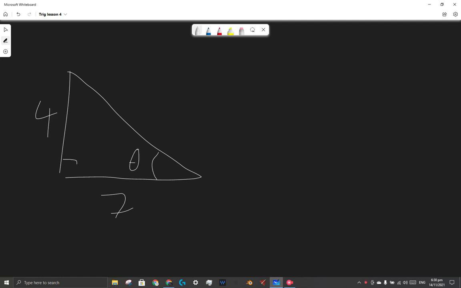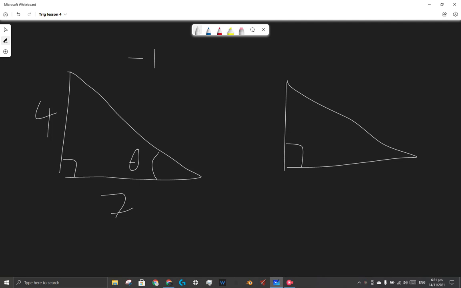So yeah, that's pretty much all for this lesson. Just how to distinguish it is that if you have, say, two sides, right, 4 and 7, and you're asked to calculate an angle theta, then only you use inverse.